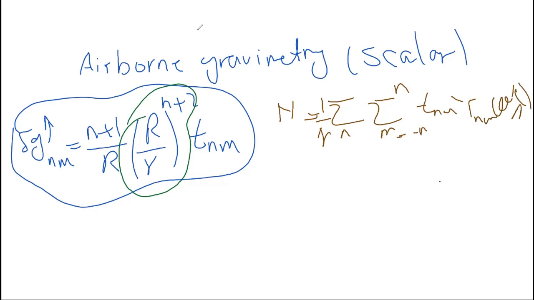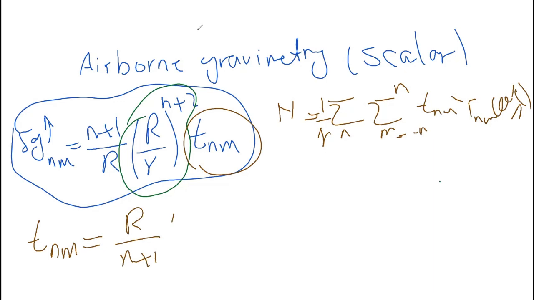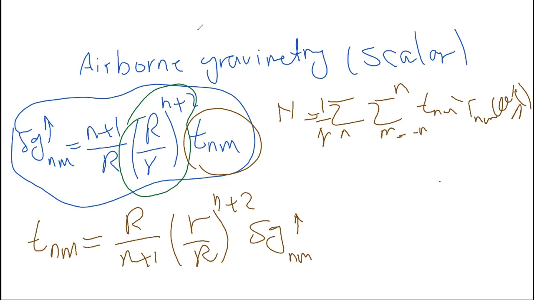So I solve T_nm from this equation and insert the result back into the formula for the geoid. If I solve T_nm, the result will be R over n plus 1, times (R over r) to the n plus 2, delta g_nm at airborne level.